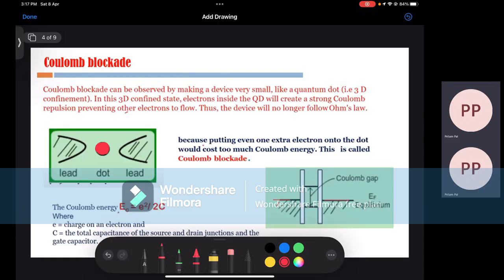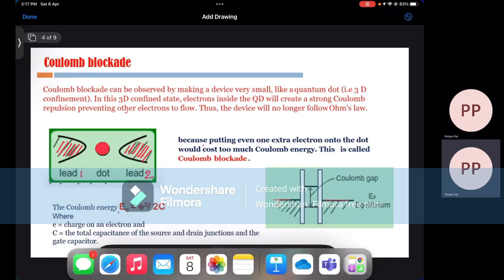It's shown here, and you can see this small portion is a dot, and these are the leads through which current can pass. You can call them lead one, lead two, whatever is convenient.